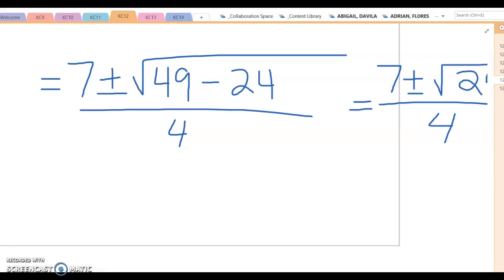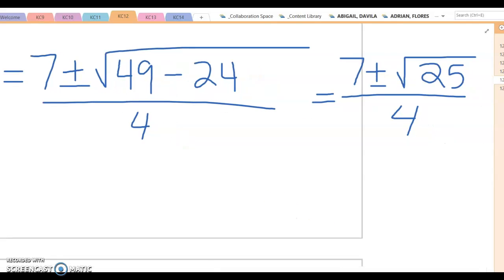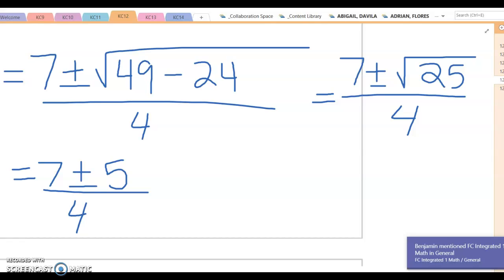Well, the square root of 25 is actually 5, so it already has that plus or minus, so you don't have to worry about doing that. With this one, 7 can't be divided by 4 and 5 can't be divided by 4, so there's not really much we can do to simplify it more.